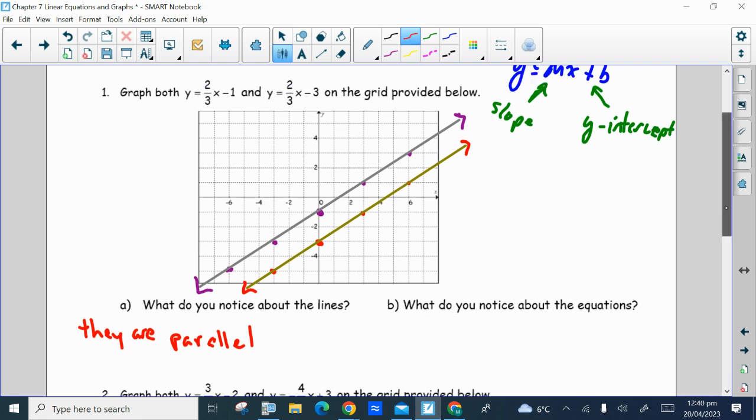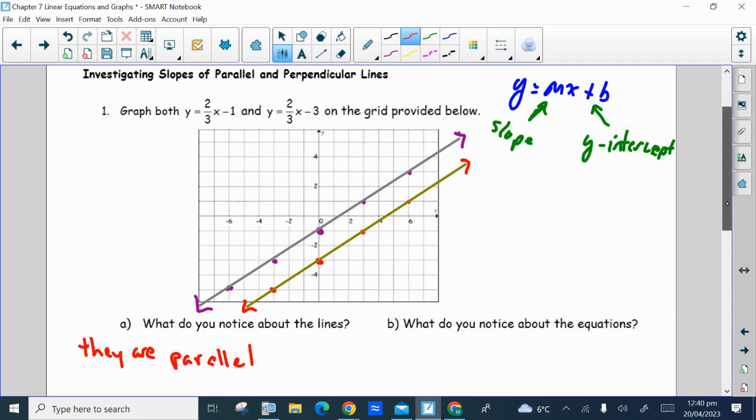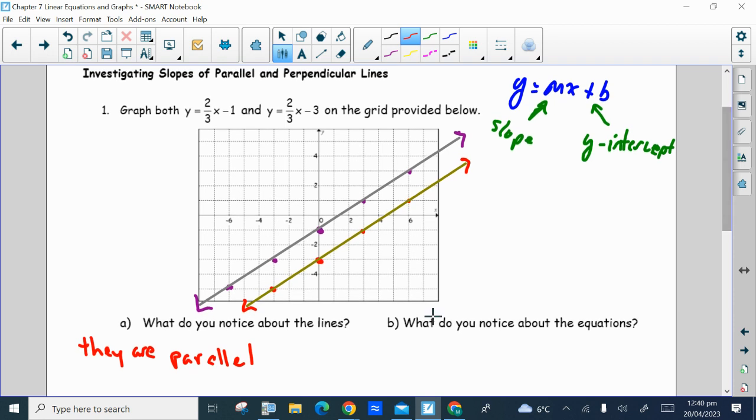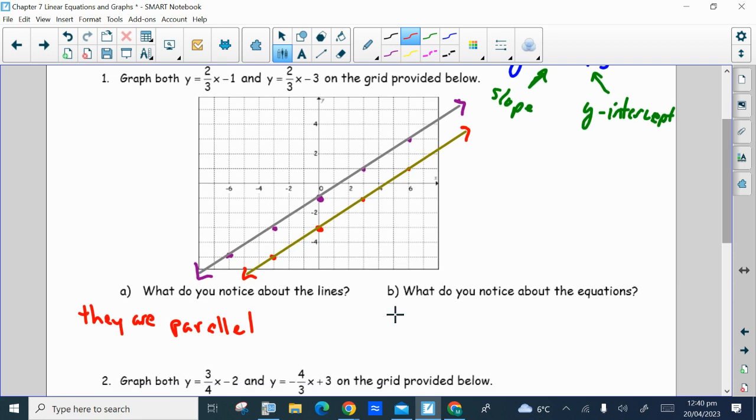The coefficient of x is the same for both equations, 2/3. And that tells you the slope. So their slopes are equal. And remember, slope tells you what angle the line is going at. If the slopes are the same, they're going at the same angle.